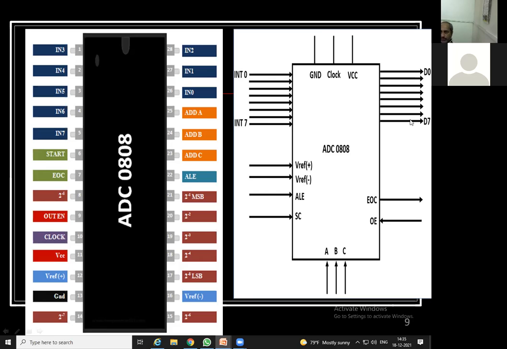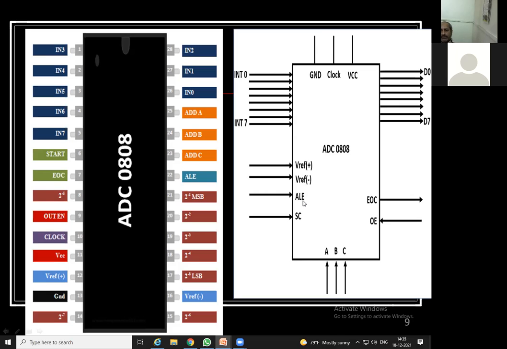Then 8 outputs are here, and the end of conversion EOC, output enable OE, ABC select lines, then V reference minus. They are the mandatory parameters required for the working of 0808.